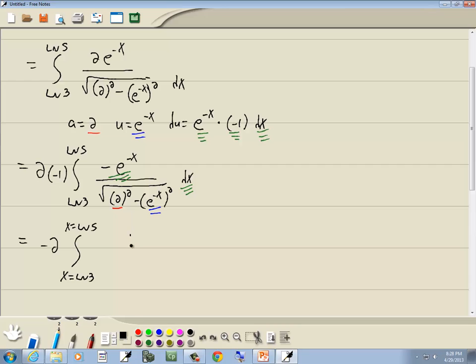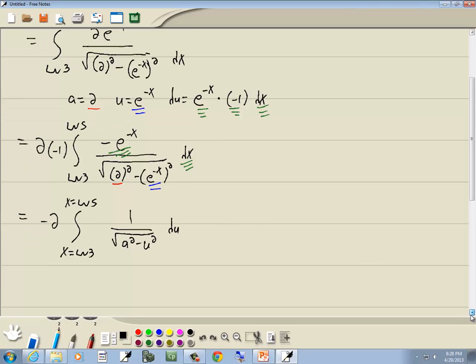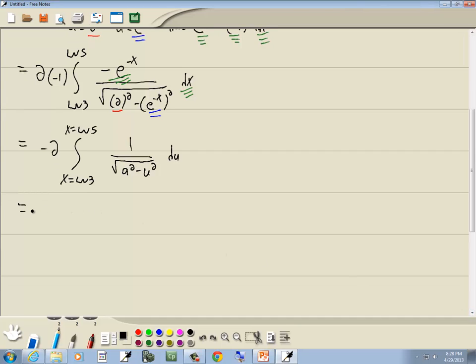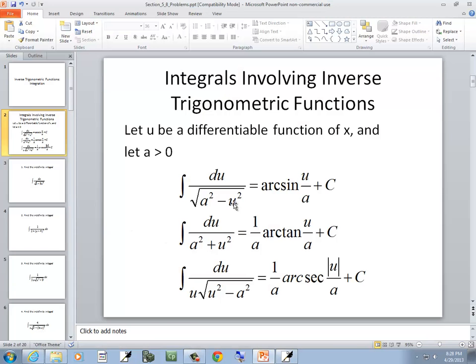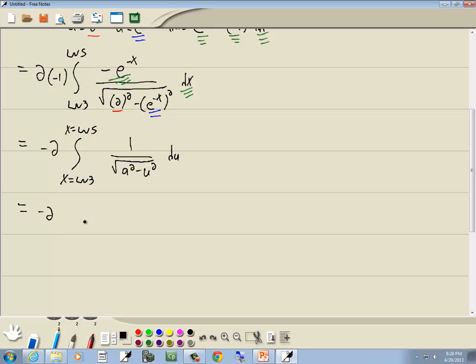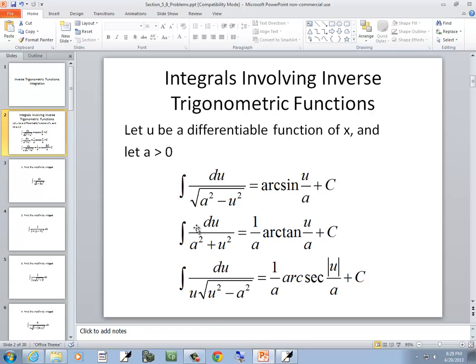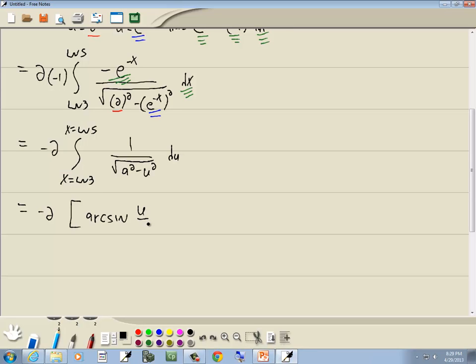And then this becomes 1 over the square root of a squared minus u squared du. Which matches our formula exactly. Which one is it? This is the first one. So I'll make that arc sine of u over a from x is equal to natural log of 3 to x is equal to natural log of 5.